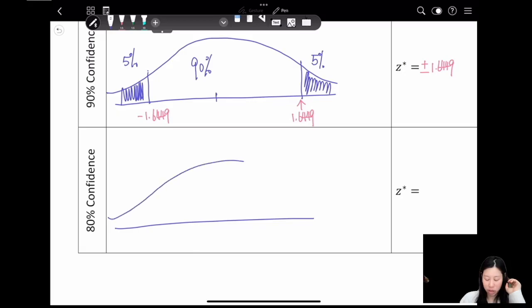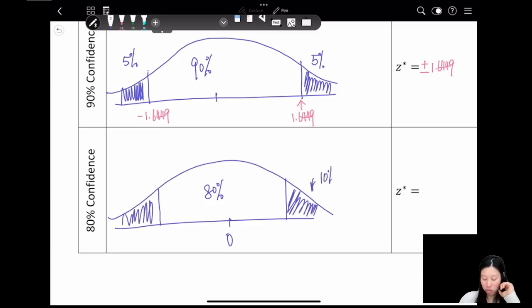Okay, so what about 80% confidence interval? Again, try to do it by yourself. So the center would be 0, and we want the middle part to be 80% of the values. So that means the two tails are going to be 10% each. And now let's find the cutoff value.